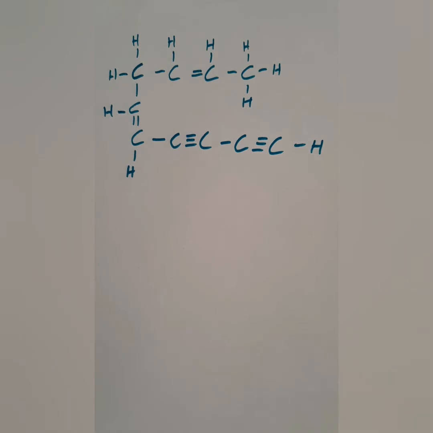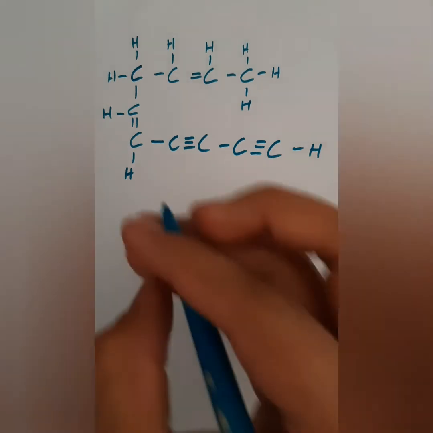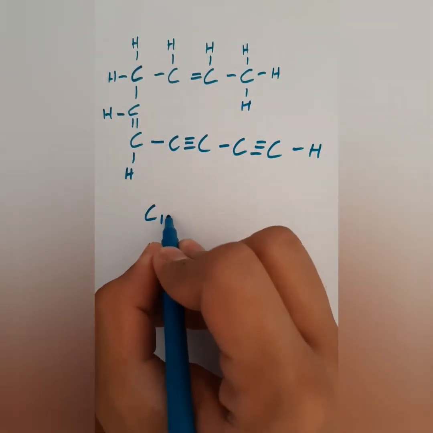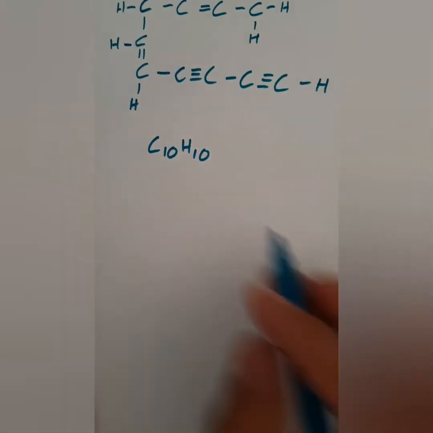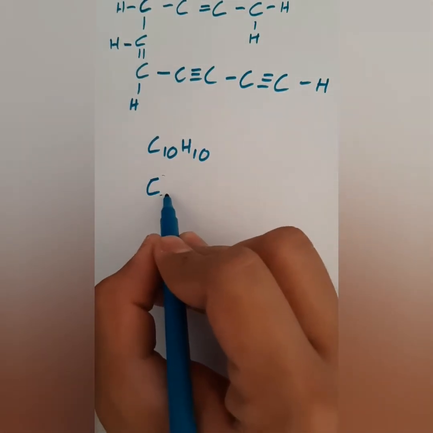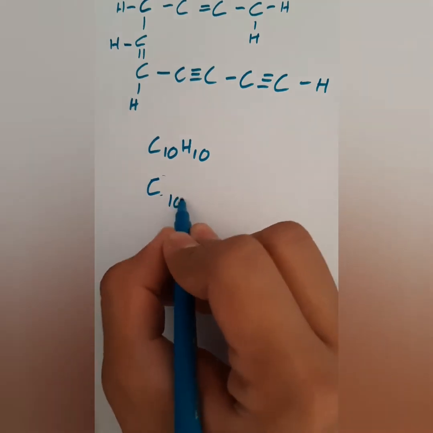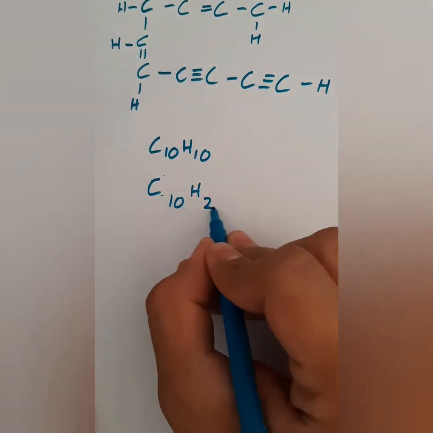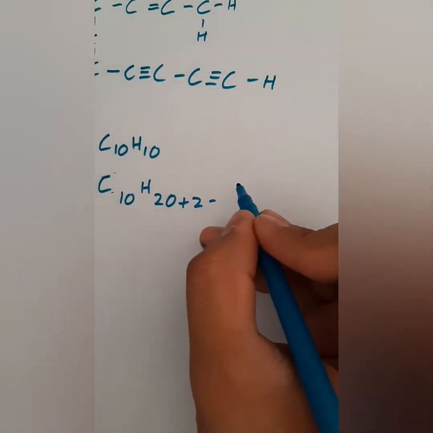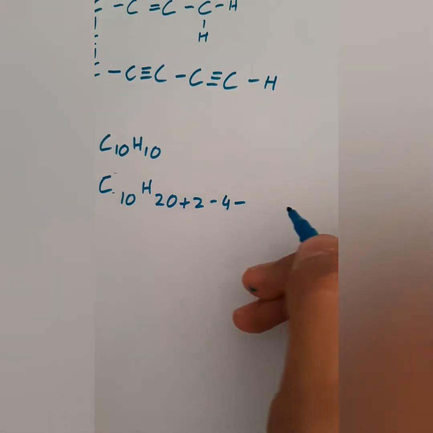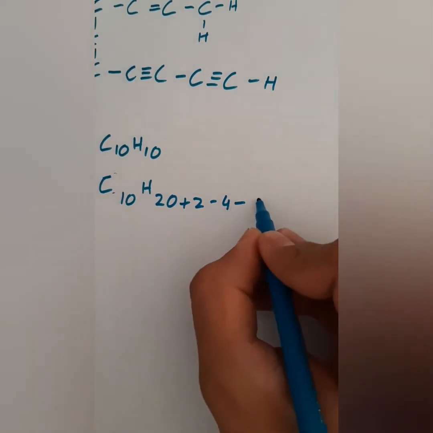Here is another example where we have a long carbon chain, and here I have taken 2 double bonds and 2 triple bonds. So if we count the number of carbon and hydrogen, what we get is C10H10. And if we use the formula, we have Cn, and that is 10, H 2 times n, 20, plus 2, minus 2 times the double bonds, that is 4, minus 4 times the triple bonds, 8.